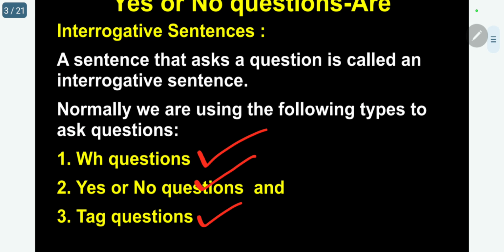That means you can give a positive statement and at the end raise a negative question. The other way, you give a negative statement and raise a positive question. That is called tag questions. So today I am going to discuss yes or no questions under R. Please follow me.